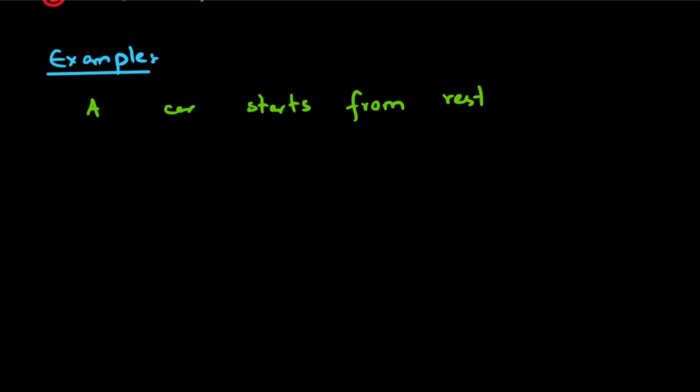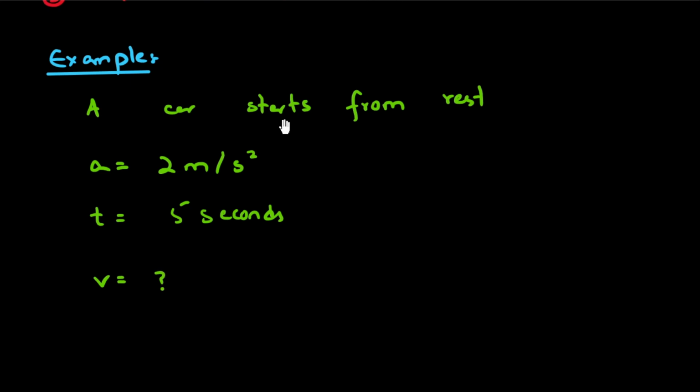If a car starts from rest, we are going to say that its acceleration, let's say it is 2 meter per second square after starting from rest. Let's say that it moved with this acceleration for 5 seconds. Calculate the final velocity.